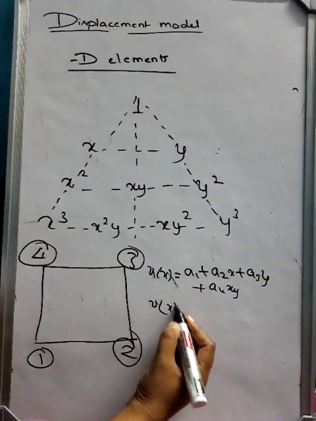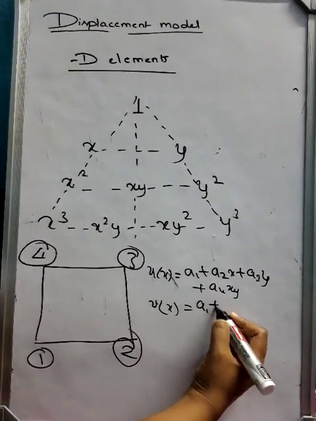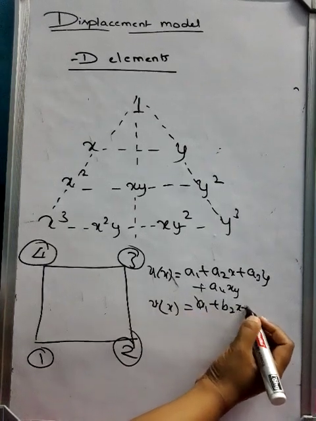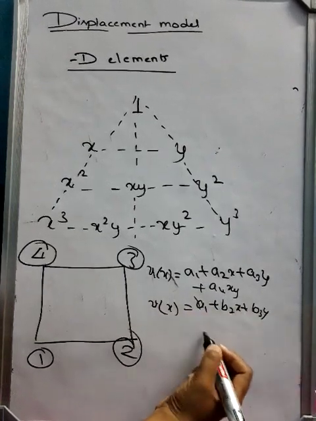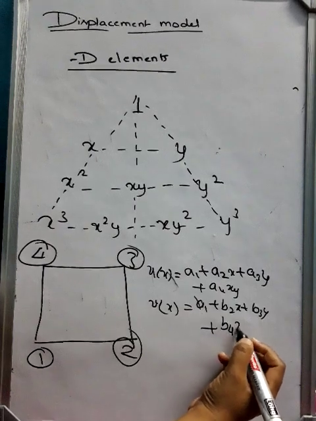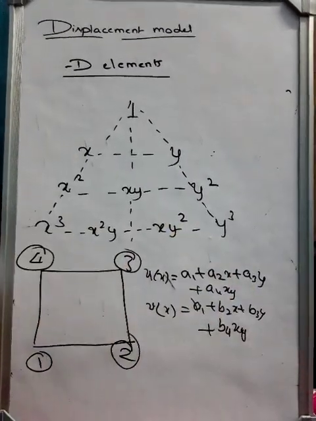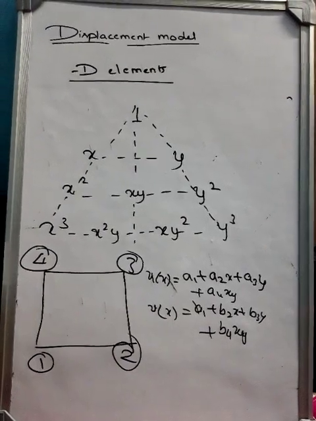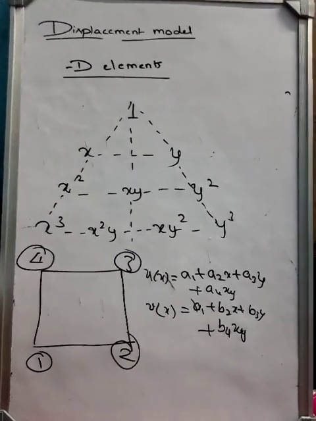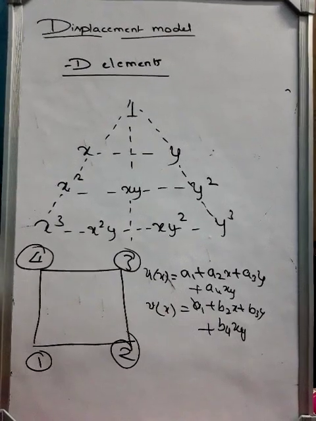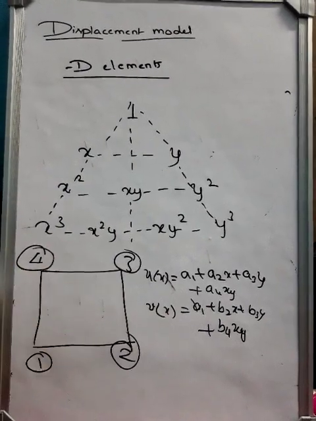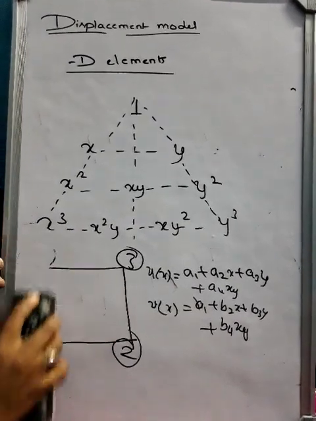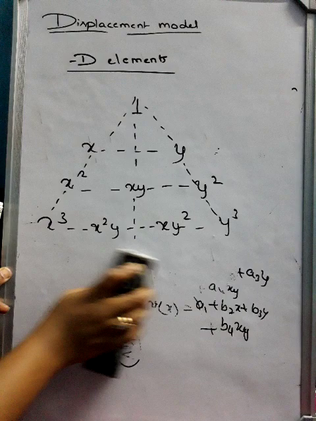Similarly, v of x is equal to b1 plus b2 into x plus b3 into y plus b4 into xy. So this is how you are going to write the shape function for a rectangular element. Based on the number of nodes, you are going to consider the number of generalized coordinates. Now 2D it is done.